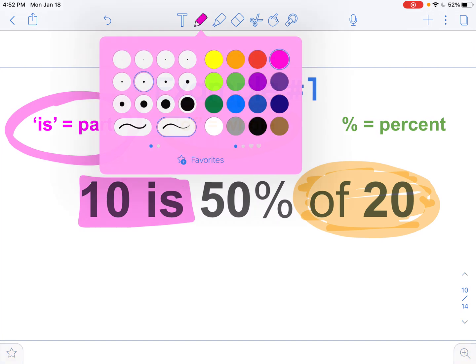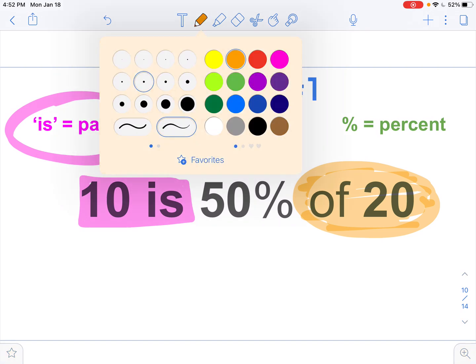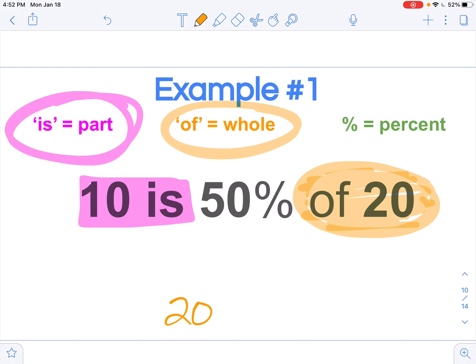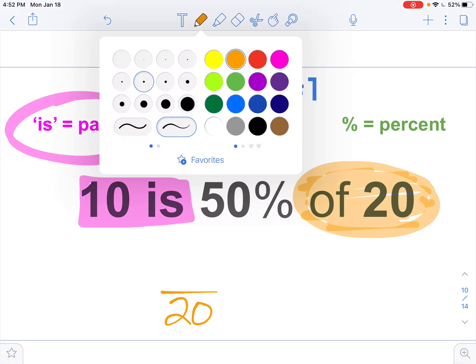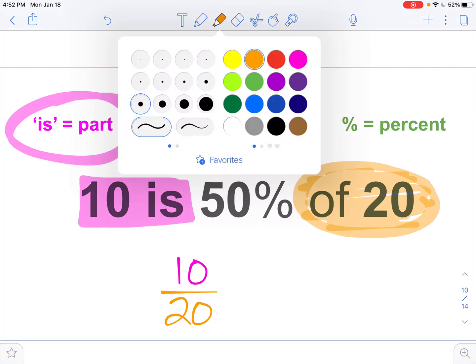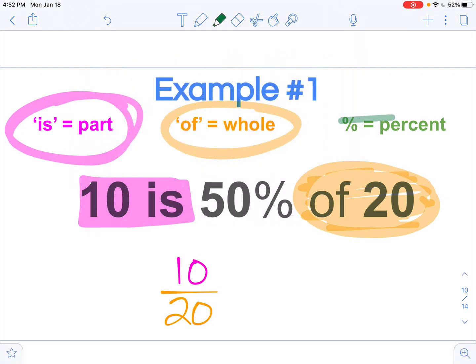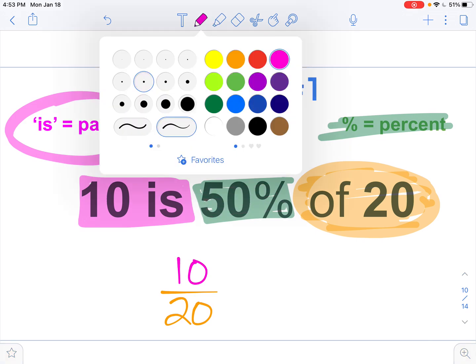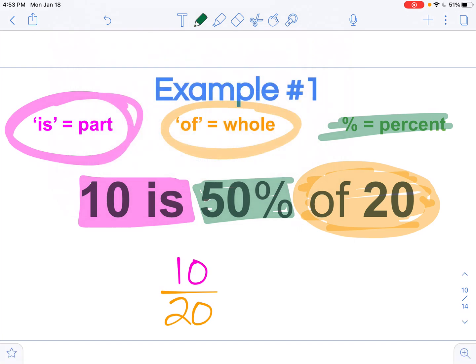So if I was going to write that as a fraction, let's start with the other one. 20 is our whole, so I know that's a denominator. 10 is the part. The last thing left here that I have not highlighted is the percent. Usually we're looking for the percent sign and not the word percent, but it could be the word percent. So here is percent, 50%. And we've practiced for the last couple of weeks that I could write percents as the number on top of 100.